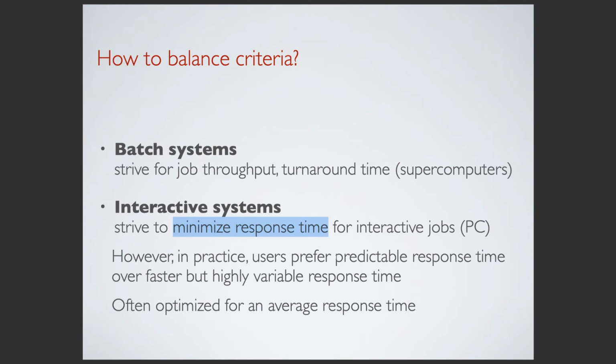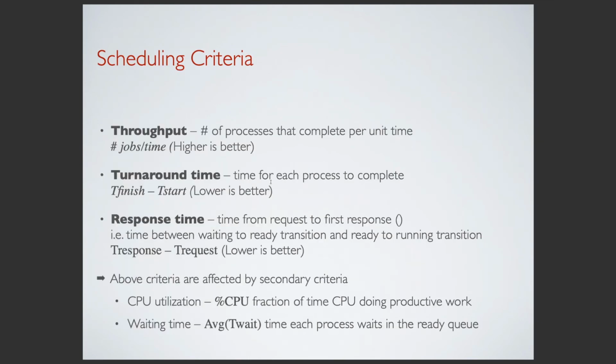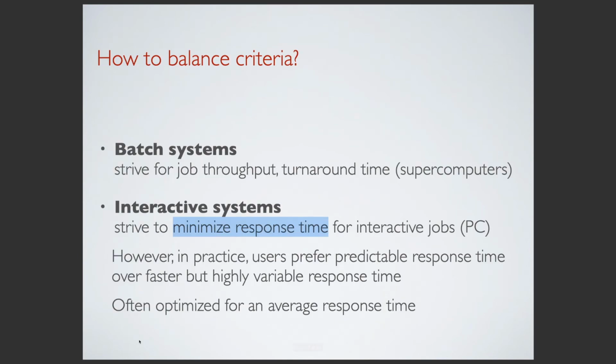Sometimes users prefer something predictable. It doesn't matter if it takes a bit of time to start, but I don't want it to start after 20 seconds. But if it takes 1 or 2 seconds, it's okay. If this is a trade-off with either throughput or turnaround, that's fine with me. So we're not going to try necessarily to minimize the response time, but try to give it in average. We want a certain good response time.